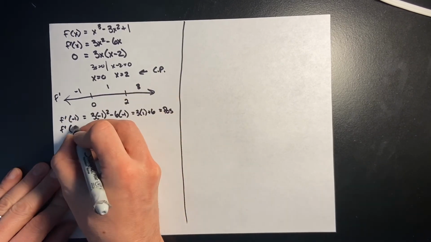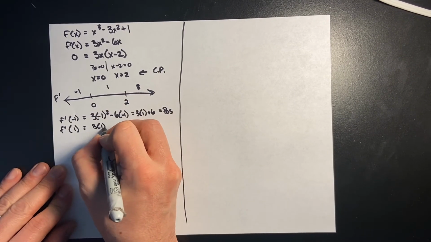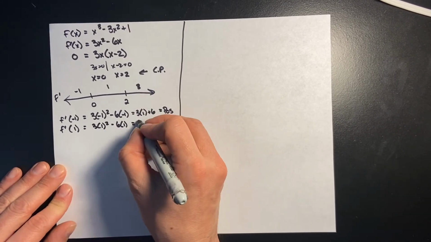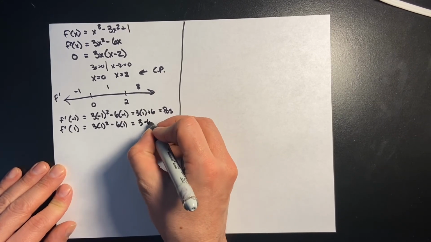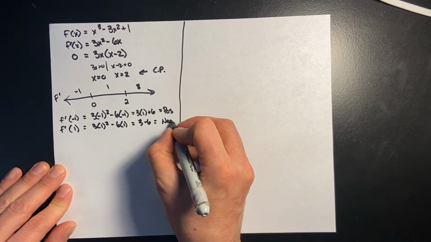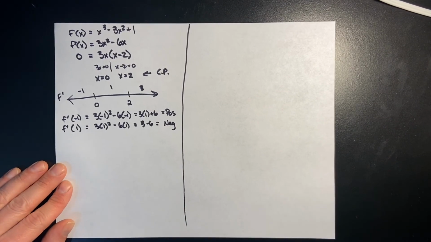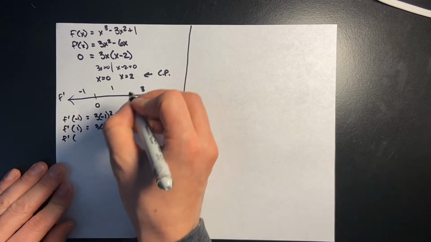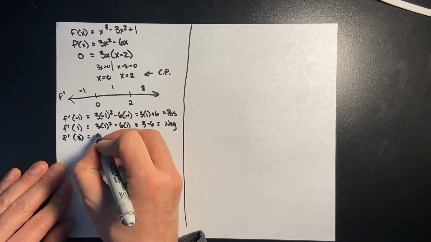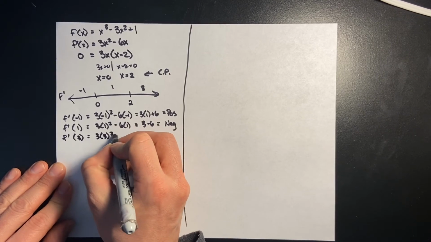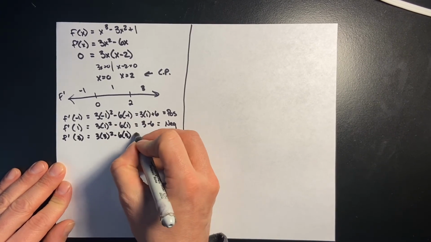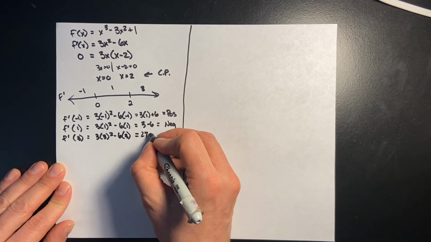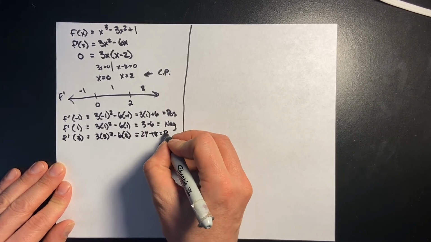Let's plug in 1. 3 times 1 squared minus 6 times 1. 3 minus 6 is going to be negative 3, so I got a negative there. F prime of 3 is going to be 3 times 3 squared minus 6 times 3. 3 times 9 is 27, minus 6 times 3 is 18, positive.